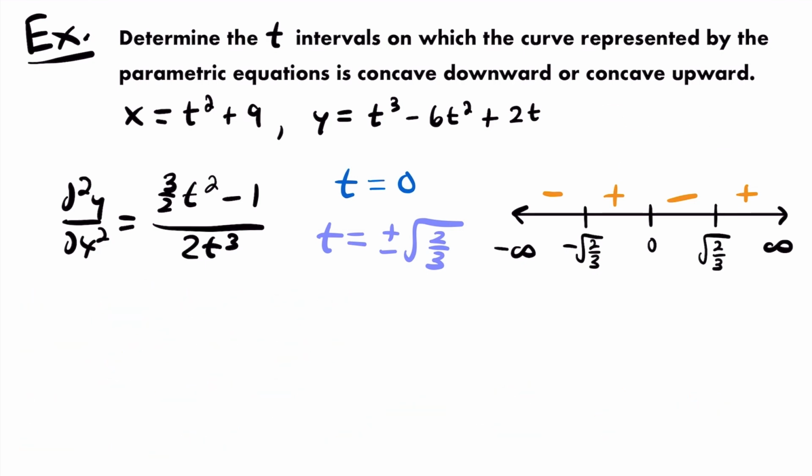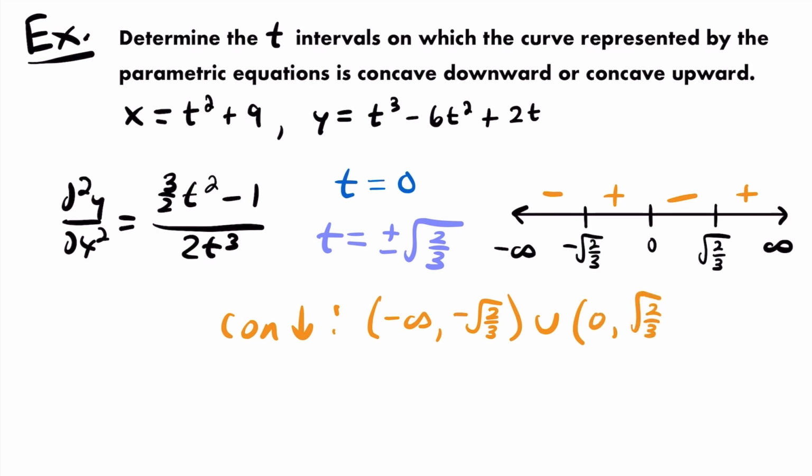All right, so for the curve represented by these parametric equations, the curve is concave down for the values of t from negative infinity to the negative square root of 2 divided by 3. That's this interval right here, but it's also concave down for this interval, so we will union that with 0 to the positive square root of 2 divided by 3.